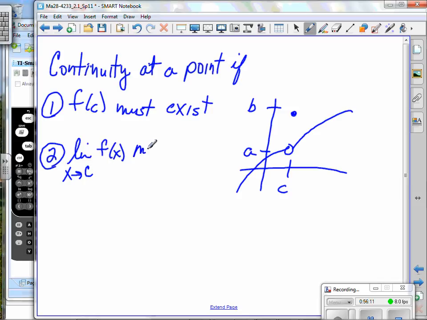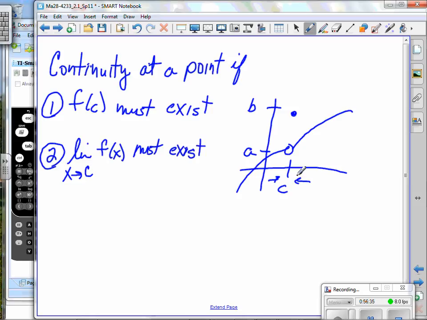Okay, must exist. Now, I'm going to alter my picture just a little bit. Oh, well, I won't alter it at all. Does the limit exist? As I approach c from both sides, what's the limit?